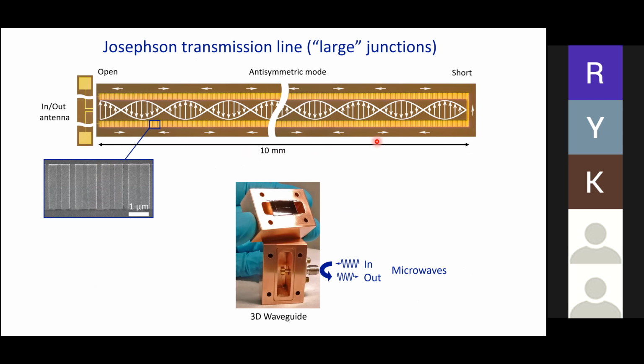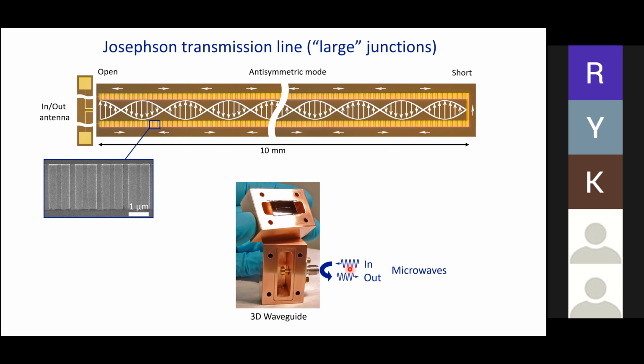These chains support waves such that the voltage oscillates between the two chains and the current flows along the chains. In this example the chains are shorted at the right end, and at the left end they have an antenna which we use to launch those waves by coupling it to the port of a 3D broadband waveguide.